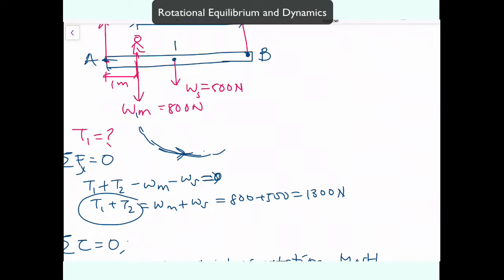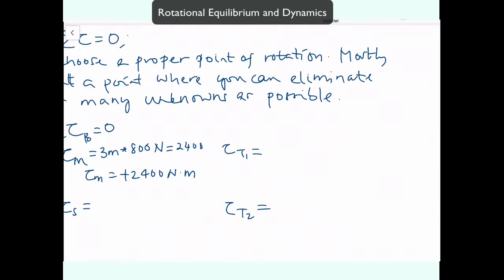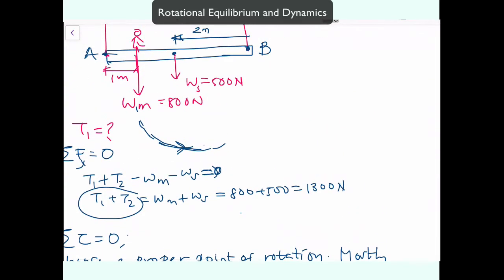The distance from point B to the center of the scaffold is 2 meters. Multiply 2 meters by 500 Newton, and that will be 1000 Newton meter. But look at it again, is it a plus or a minus?